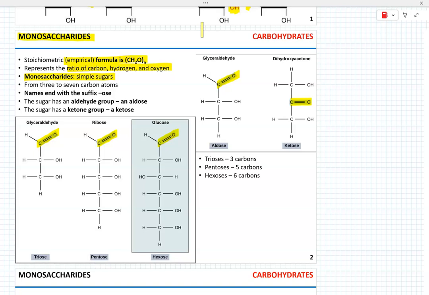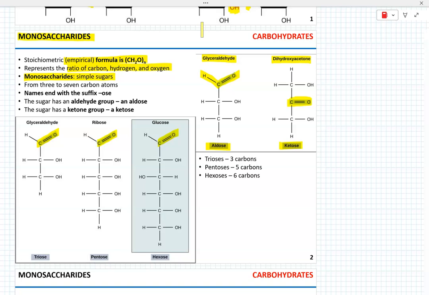If the carbonyl group forms aldehyde, like in glyceraldehyde, it's going to be an aldose. If the carbonyl group forms keto group, like in dihydroxyacetone, this will be a ketose.